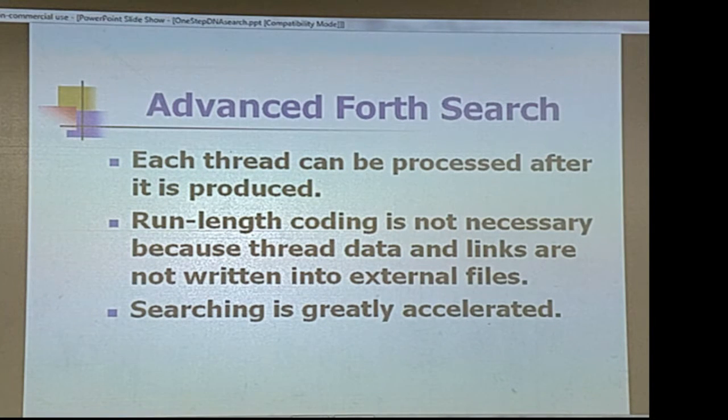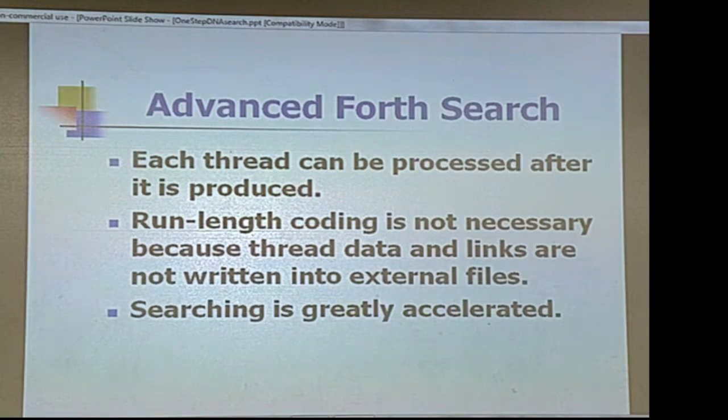I get one thread, and I get all the information to process all the patterns with this unique 6-base pattern. So when I identify one thread, I can just go ahead and find all the repeat patterns in this thread. And once I have found them, I don't have to save it. I just repeat for the next pattern, find the next thread, store it in the same place, and do the same search.